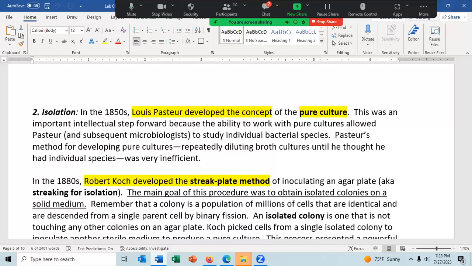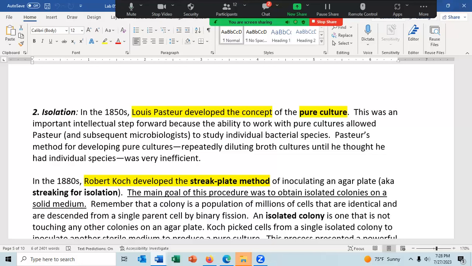If one of the dilutions had 1 tube that had growth and 9 tubes that had no growth, Louis Pasteur correctly concluded that the 1 tube with growth would likely be a pure culture. Doesn't mean it's always a pure culture, but most of the time it is a pure culture.